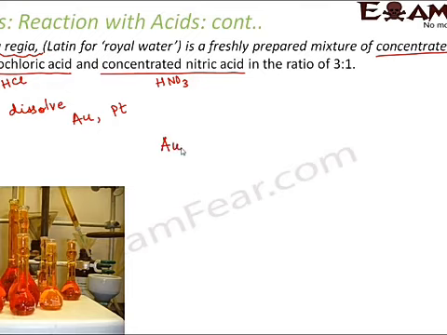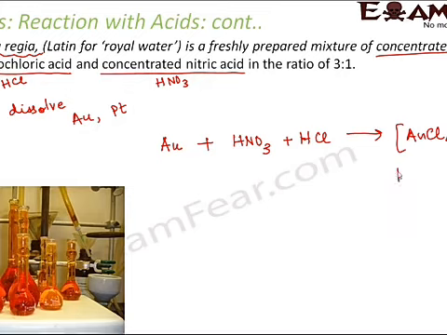Now this is gold, Au. Gold reacts with aqua regia, and aqua regia is nitric acid plus hydrochloric acid, that is HCl. So when it combines with this, it forms AuCl4, that is gold chloride, chloride of gold, plus NO2 plus H2O.